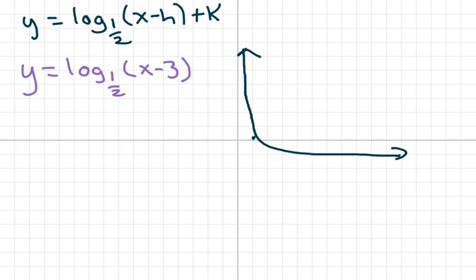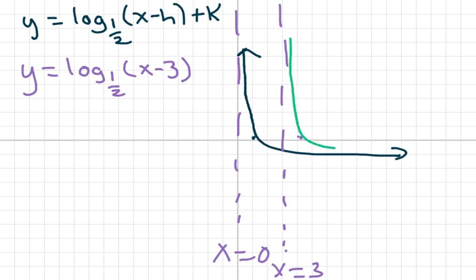That means before we had a vertical asymptote at x equals 0, now we're going to have it at 3. So 1, 2, 3. So our vertical asymptote also changed to x equals 3. Then you just graph it from here. I'll do that in green. We just shifted the whole thing to the right by 3. That means the domain changed to x is greater than 3.